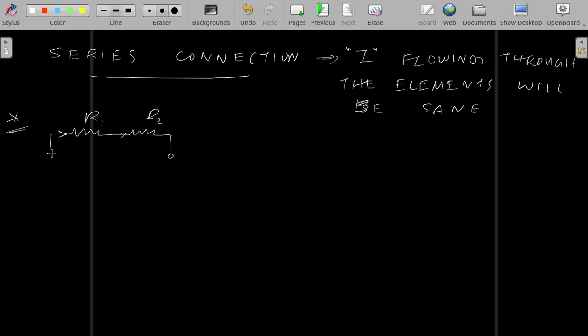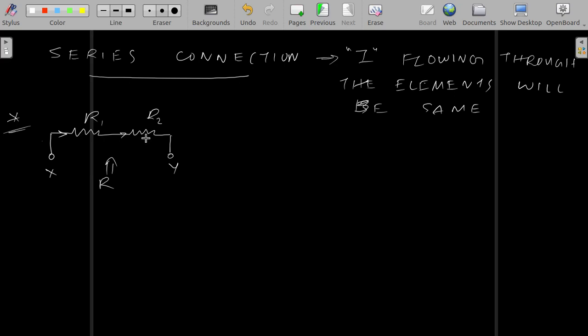This whole thing will have an equivalent resistance R. Suppose we are connecting two resistors, each having separate resistance, and we want to find the equivalent resistance across X and Y. That is, if we are giving some voltage across X and Y, then some current will flow depending on the resistance, right? That is the idea. So we want to find the equivalent resistance across X and Y.